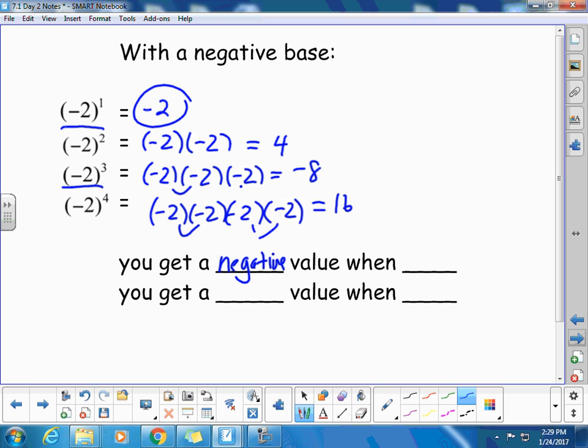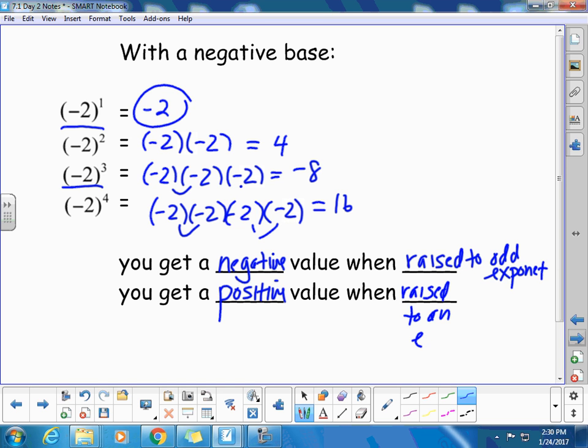So when raised to an odd exponent, so 1, 3, 5, 7, 9, etc., you get a negative number. You get a positive number when raised to an even exponent, so 2, 4, 6, 8, 10, 12, 14, 16, 18.